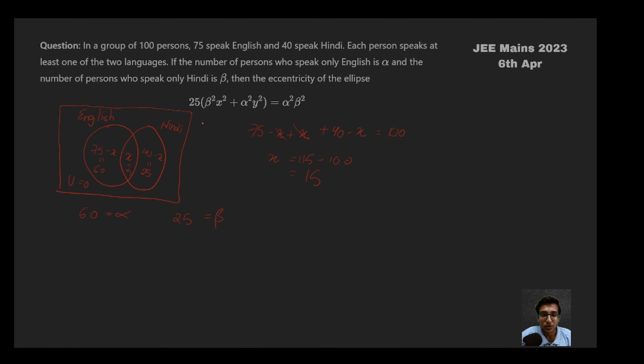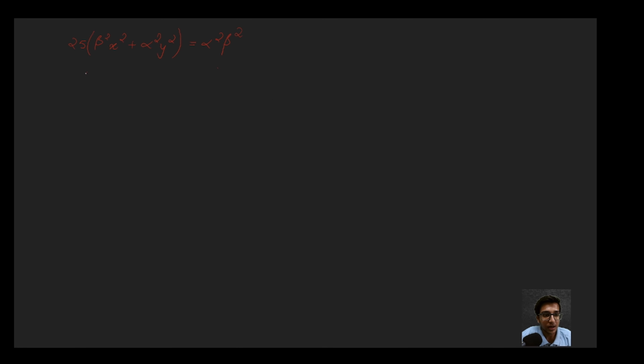From here we know that alpha is equal to 60 and beta is equal to 25. So let us now replace these values. What we are getting is 25 square, which makes it 625 x square plus alpha square, 3600 y square, is equal to alpha square beta square, so it is 60 square into 25 square.